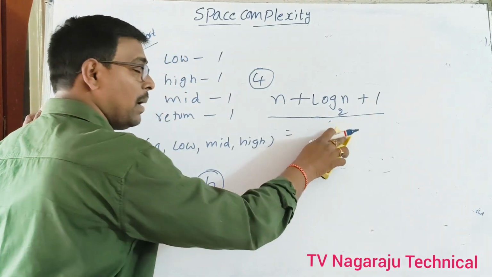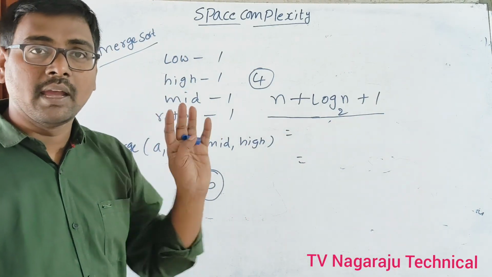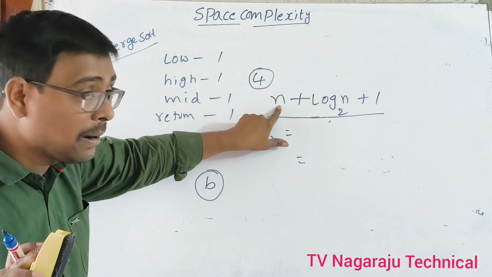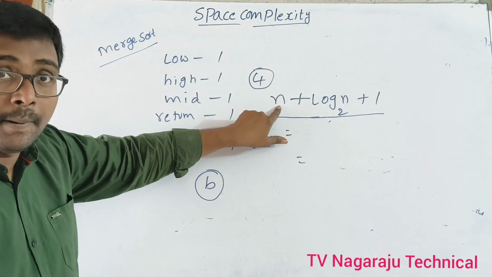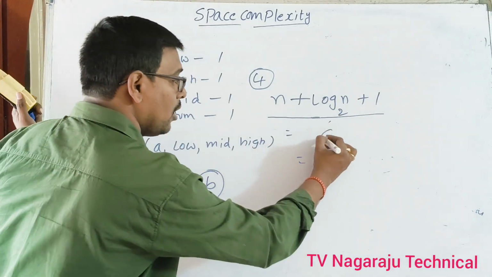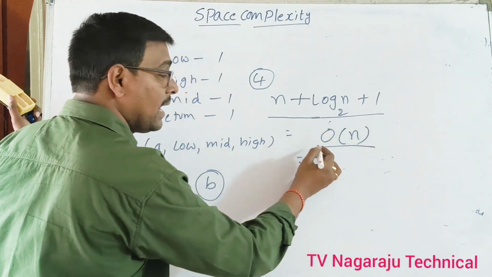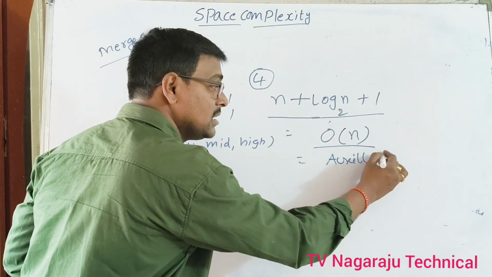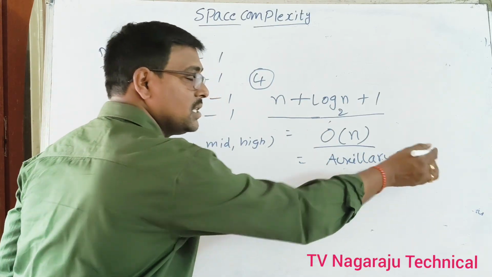Now you got it? It is not big O of log n for all the examples. In merge sort, I need a temporary array B, and then the depth of the recursion. Now big O of n. Again I said this is the auxiliary space, the extra space needed.